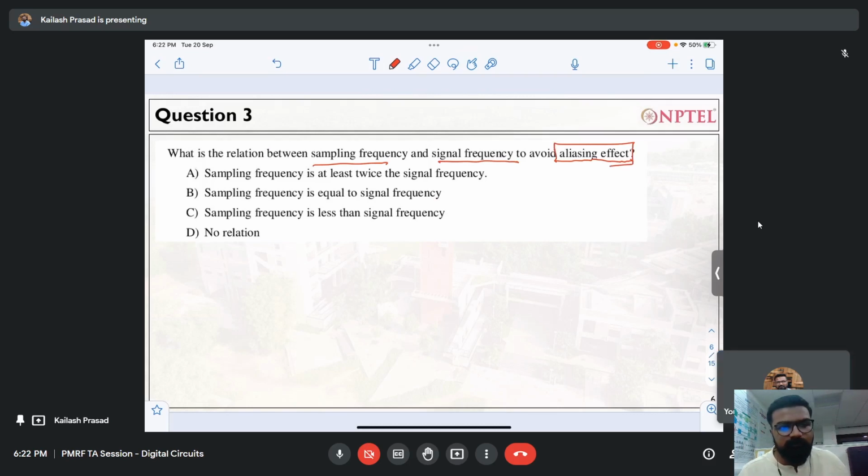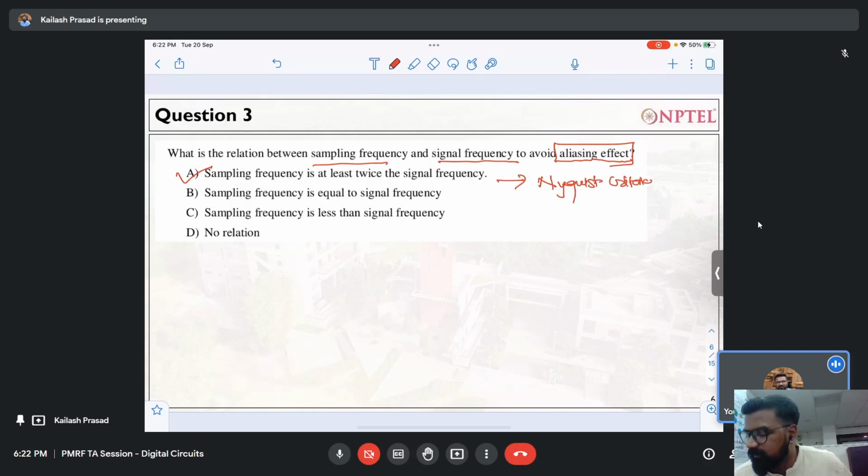It's A. Everybody is convinced with this, right? This is what we call the Nyquist criterion. The sampling frequency should be at least twice the signal frequency in order to get output without aliasing.